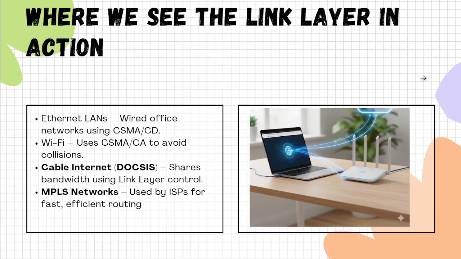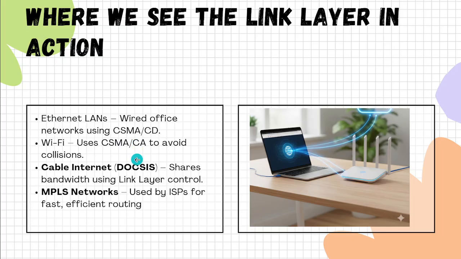Here we see the link layer in action, basically the applications of the link layer. In Ethernet LANs, CSMA/CD ensures smooth wired communication. In Wi-Fi, a similar protocol, CSMA/CA, is used to avoid collisions.